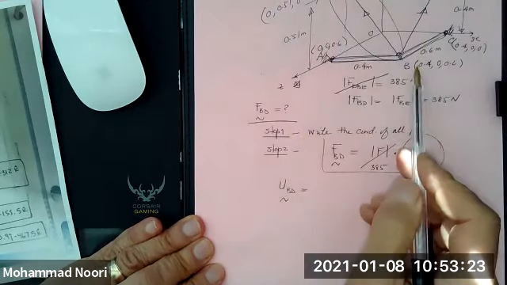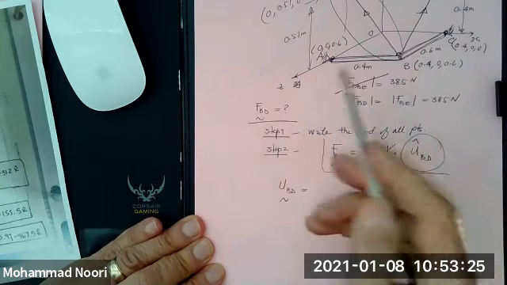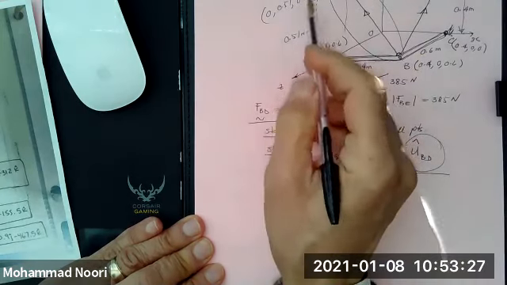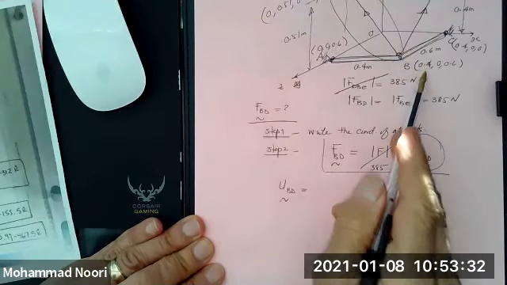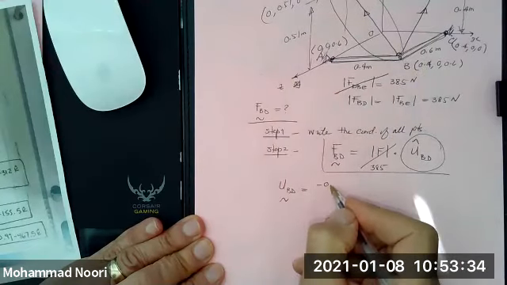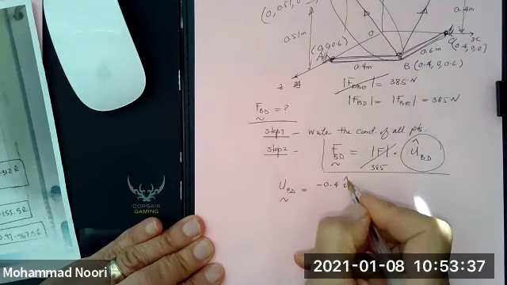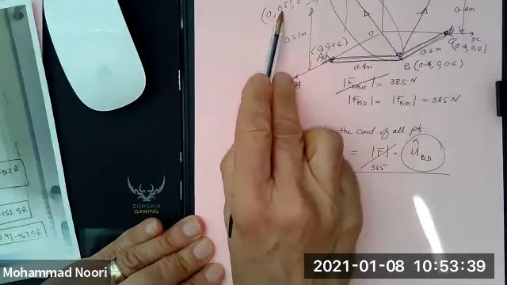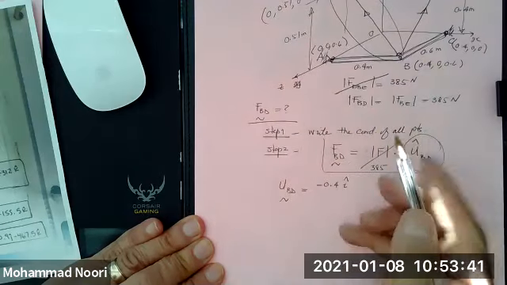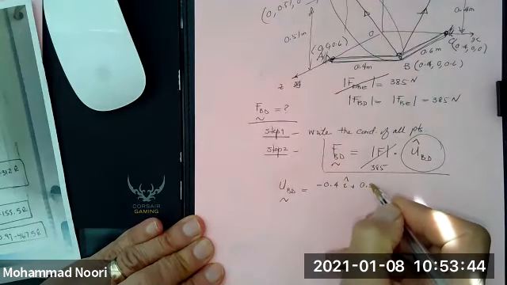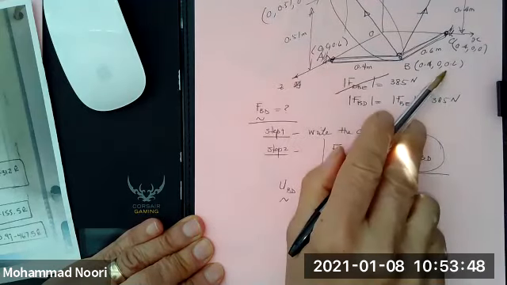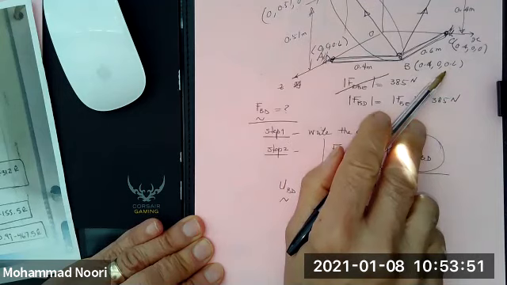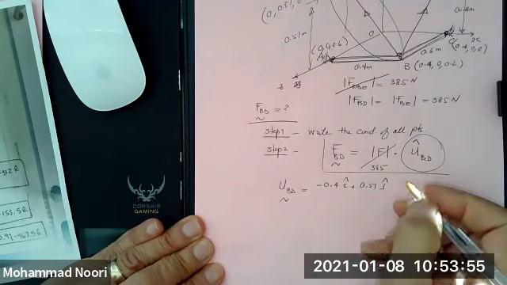Components of this minus this, each corresponding one. So you write x of this minus x of this: 0 minus 0.4, so you have negative 0.4 I. Y: 0.51 minus 0, so you have 0.51 J. Then Z: 0.6 minus 0.6.